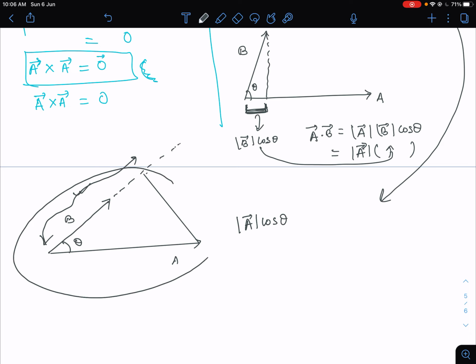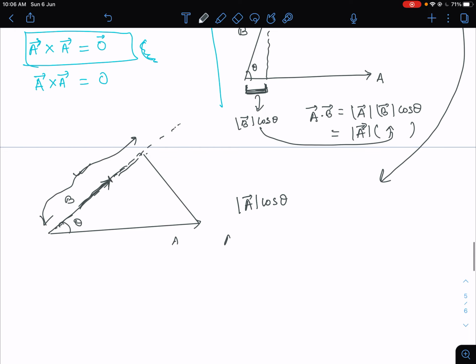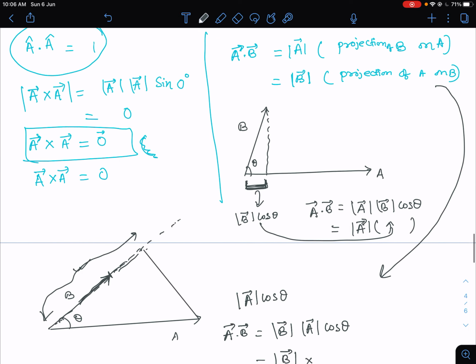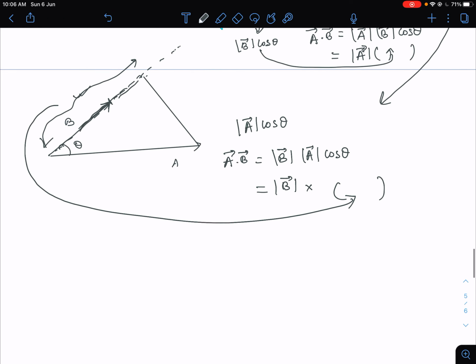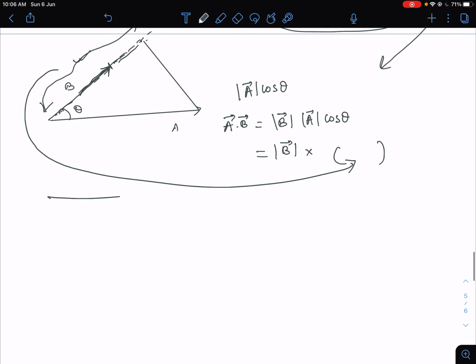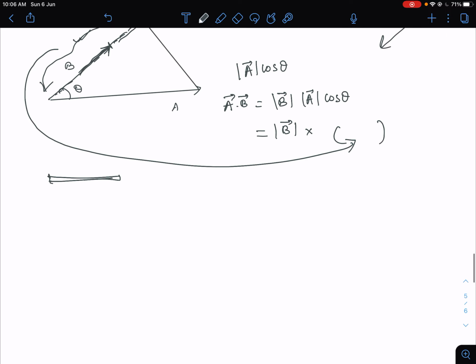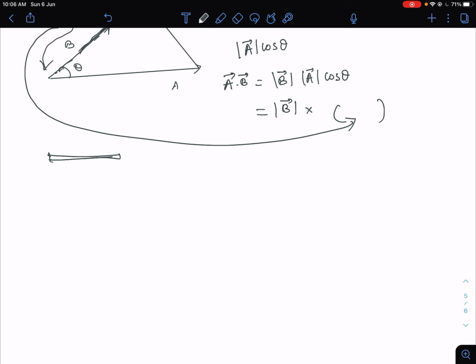This is a right angle triangle, and this is A cos theta. So A dot B is B A cos theta, as we already know. That is B times the projection of A on B. In this way, you can represent the scalar product as a projection.